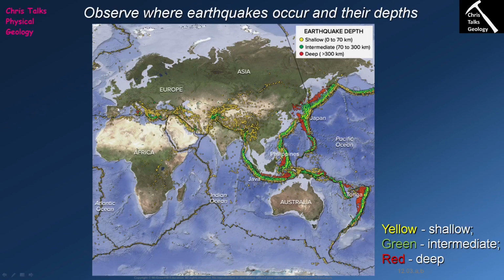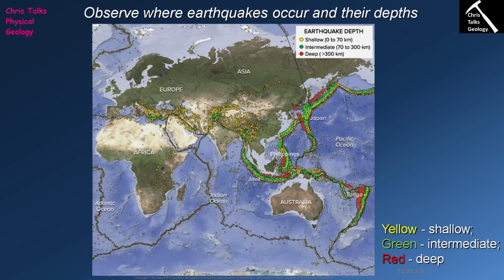Now, what we can also see in this diagram is that earthquake activity varies with depth. We can see that the vast majority of earthquakes here are yellow circles, and these are classified as shallow earthquakes, and they occur between 0 and 70 kilometers in depth. Now, the thing we need to remember is that the Earth's surface consists of two different types of crust, continental and oceanic.